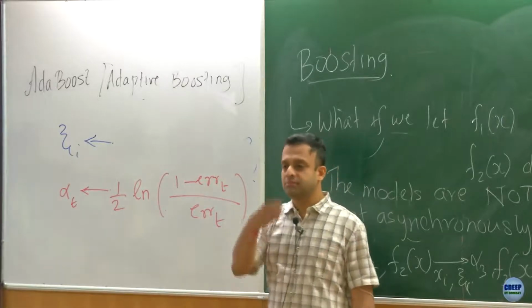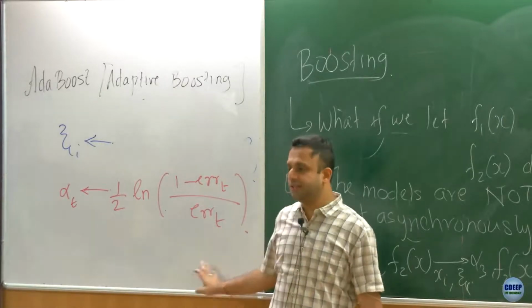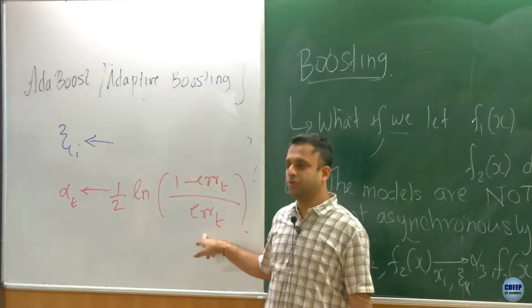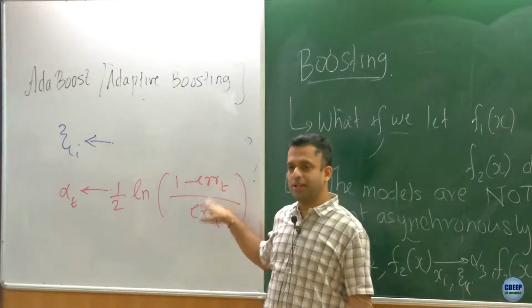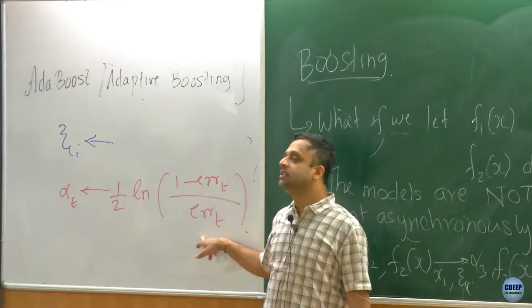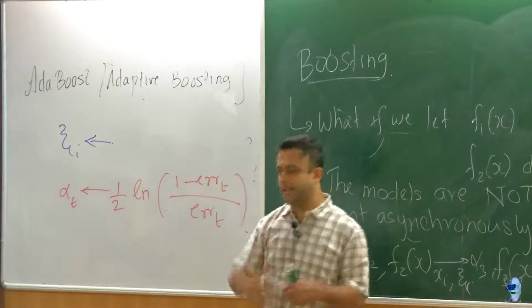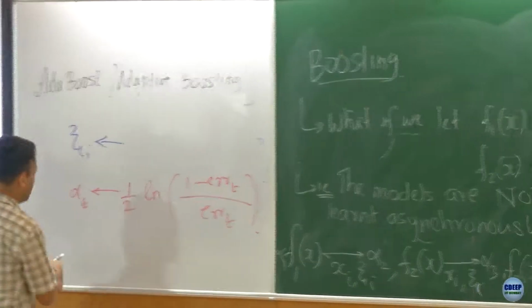It will become minus infinity, right? And if the error becomes close to 0, what would happen? The numerator will be 1, the denominator will go to 0, and then the weight becomes very high. So it's consistent with what we expect.